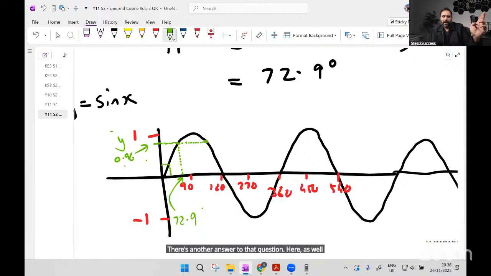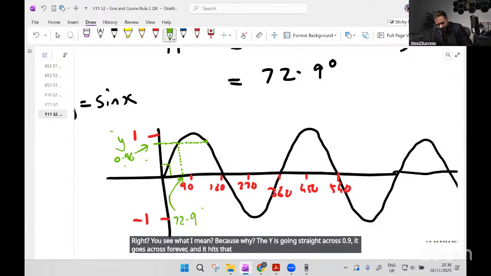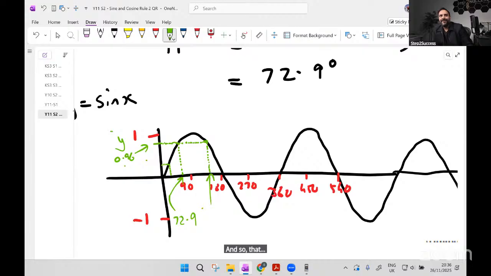The line at y equals 0.96 goes across forever, and it hits the graph in lots of different places. Actually, there are infinite answers, because it continues even over there.